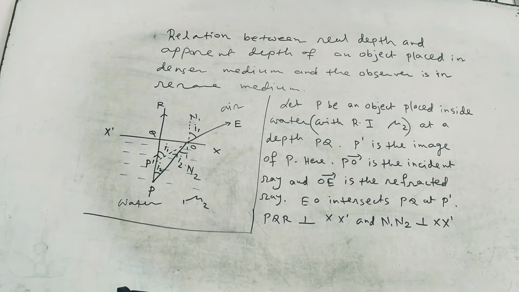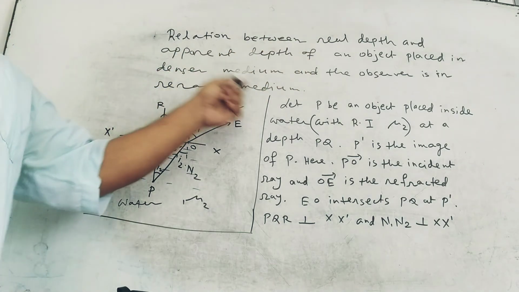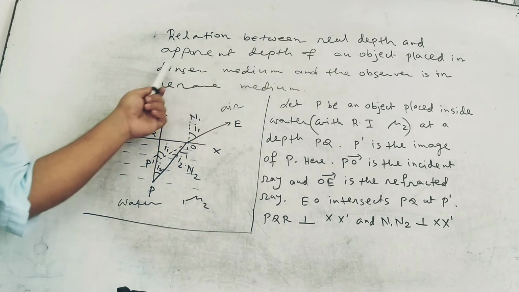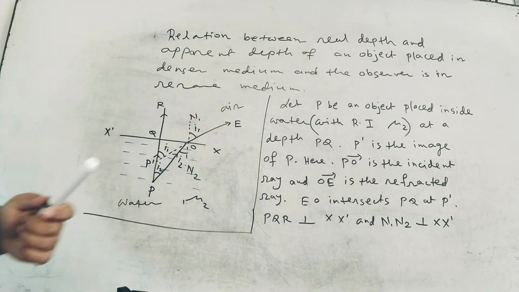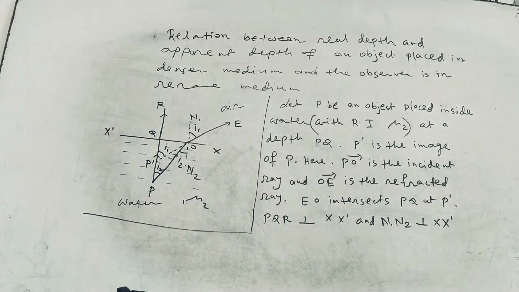Now, I am going to find out the relation between real depth and apparent depth of an object placed inside a denser medium when the observer is in the rarer medium.